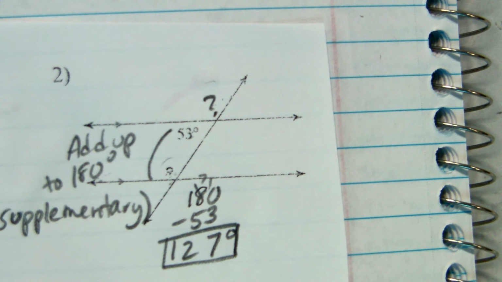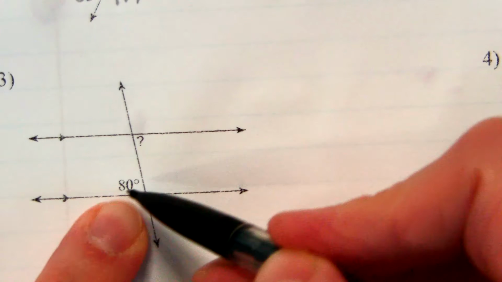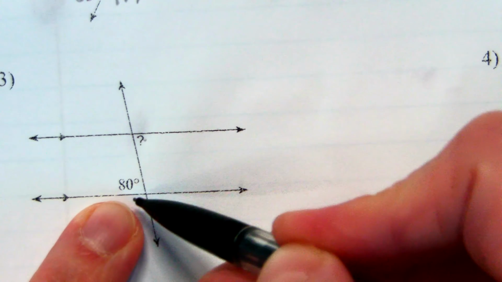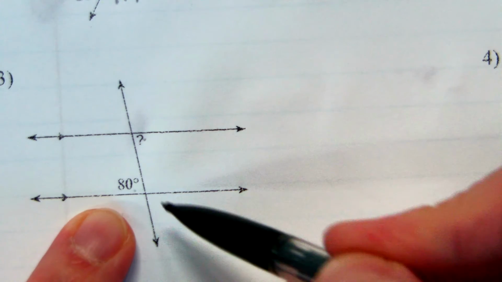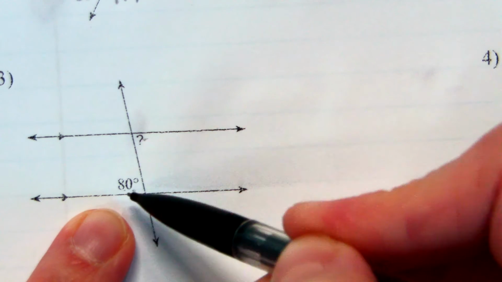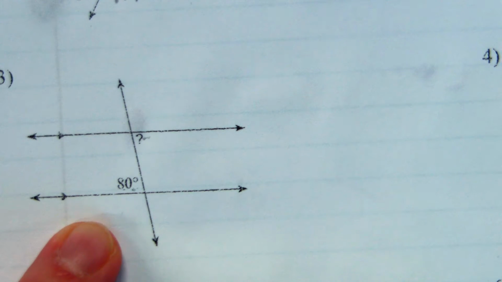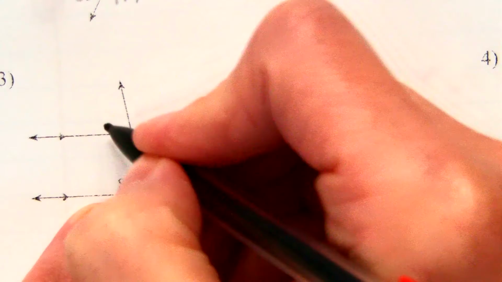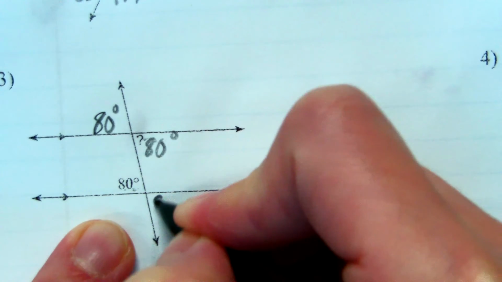Okay? So if we go down to number 3, here's my question mark, and I have that this one is 80. What are we going to do? What's the relationship between these? You add them together to make... Would they be? No. So let's look. This is 80. That means this is 80, which means this one's 80, and this one's 80.